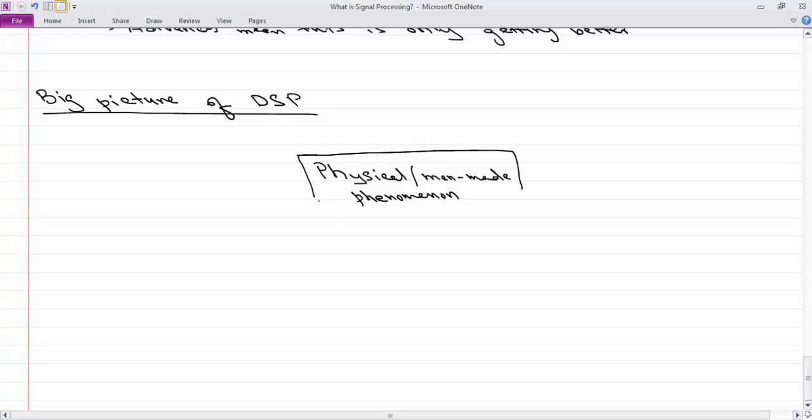That's the starting point. If you want to build a DSP system, that is always the starting point. What are you looking at? So for example, if you are a seismologist, you are looking at seismic data or seismic activity. If you are at Facebook, you are looking at Facebook interactions.